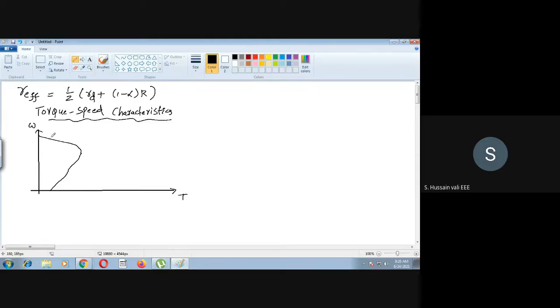So now we'll draw more here. Three graphs I have drawn here.